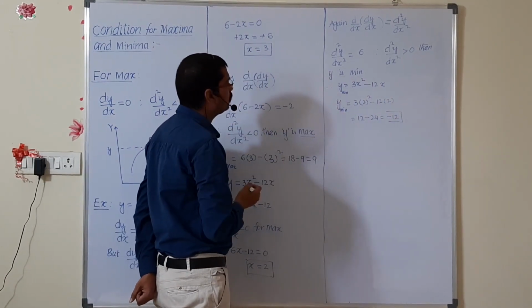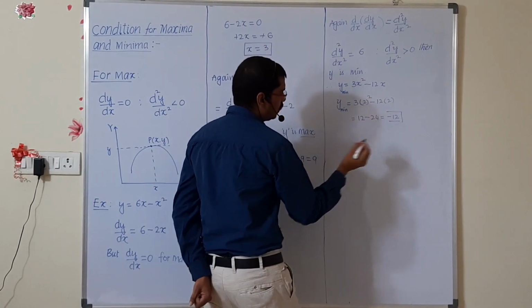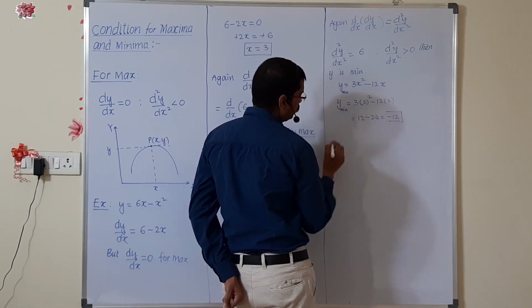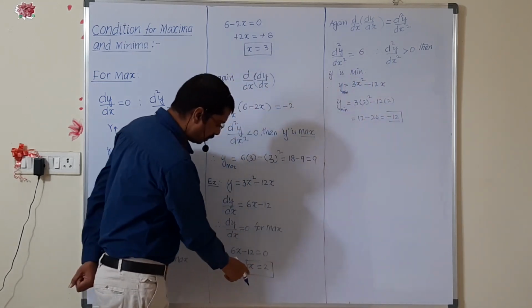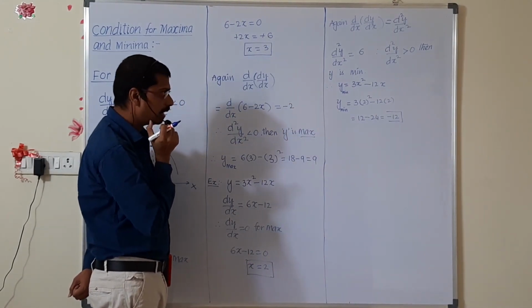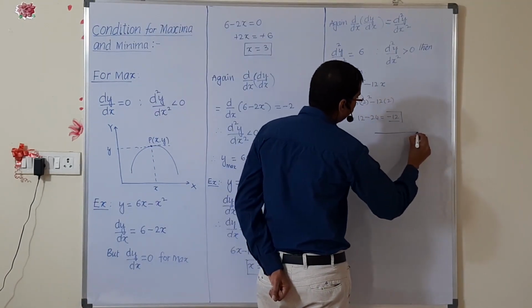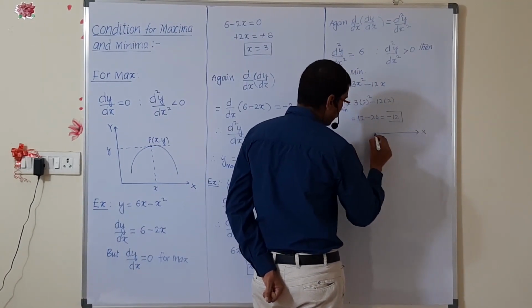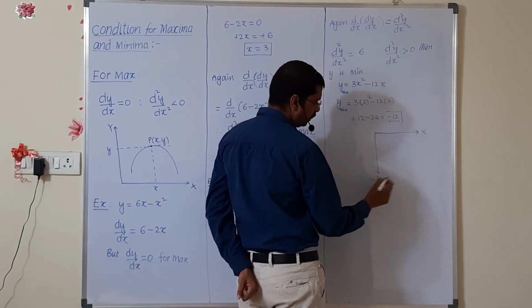How can we represent this graph? The y minimum is minus 12, so the y component is minus and the x component is plus. It means the x value is positive and the y value is negative.